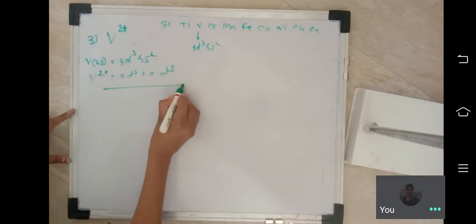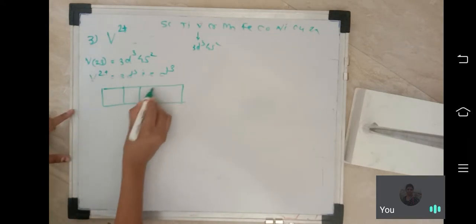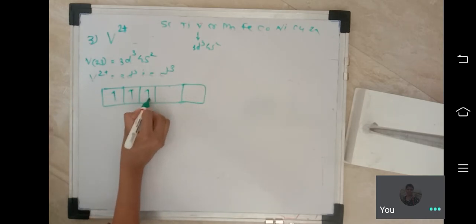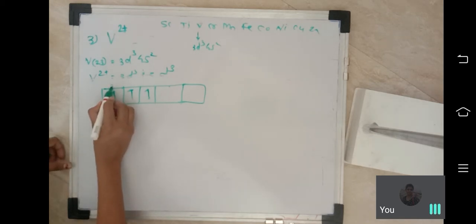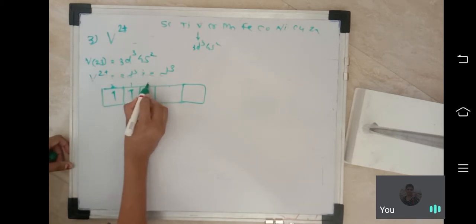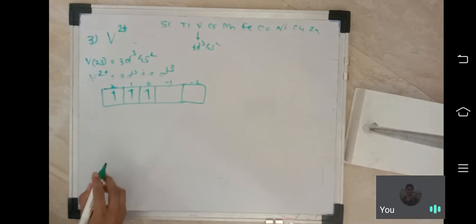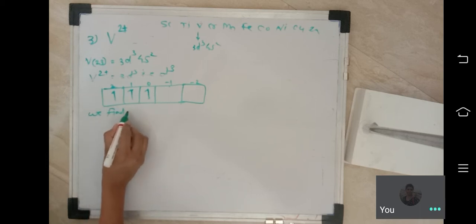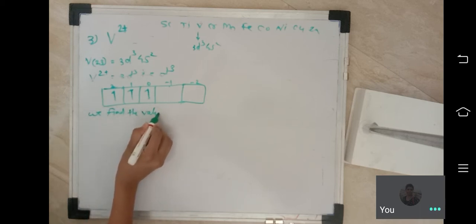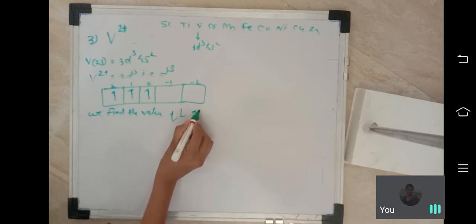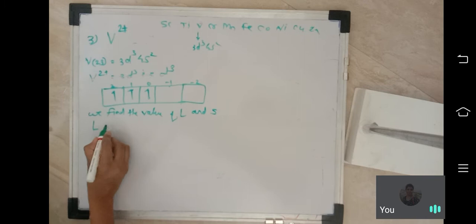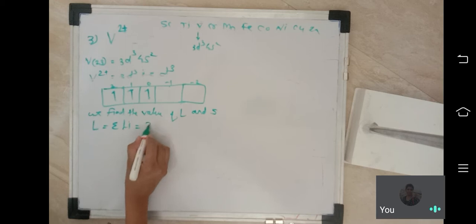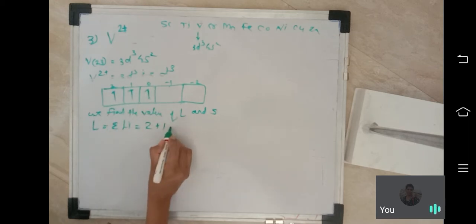Here 3 electrons are there, singly filled. Again you write the values of l: 2, 1, 0, -1, -2. Then first we find the values of L and S. L is equal to the summation of li: 2 plus 1 plus 0.